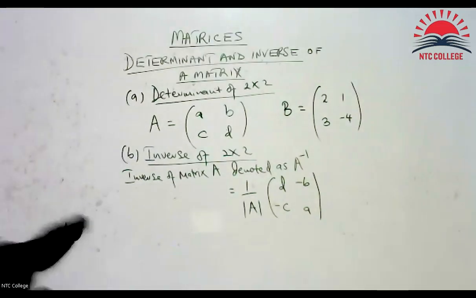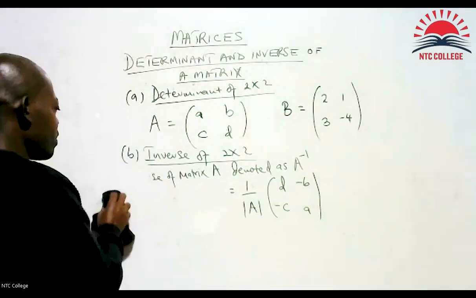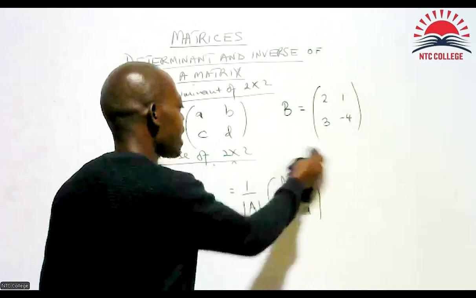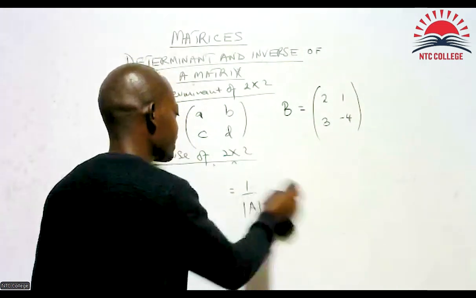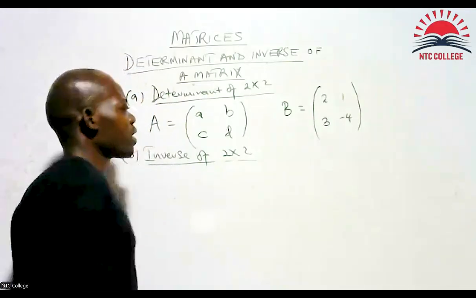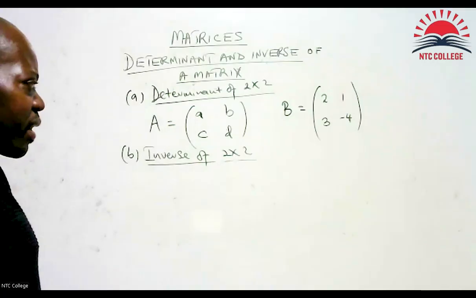Now we can use matrix B because it has got numerical values. Let's use matrix B in our example to find its inverse. Without repeating, we have worked out the determinant of B to be -11. You remember that.